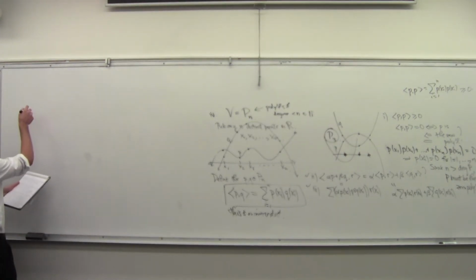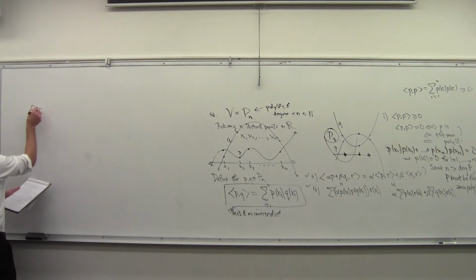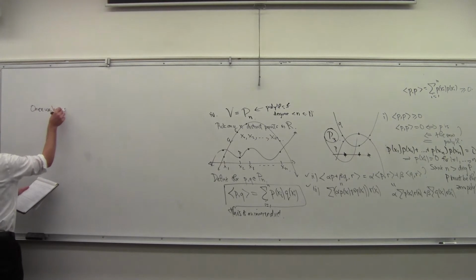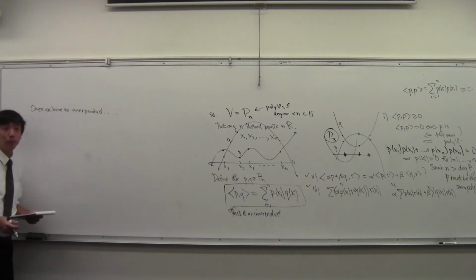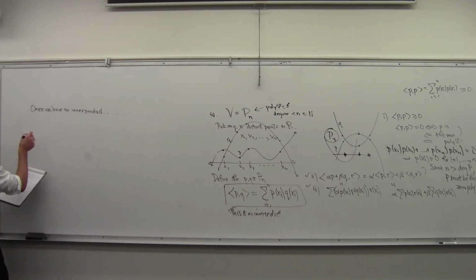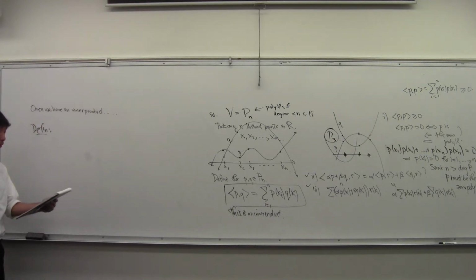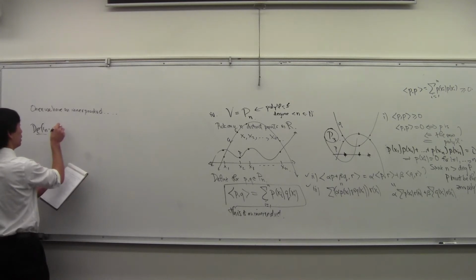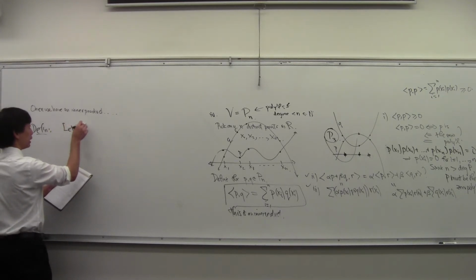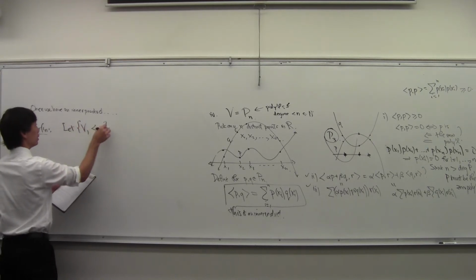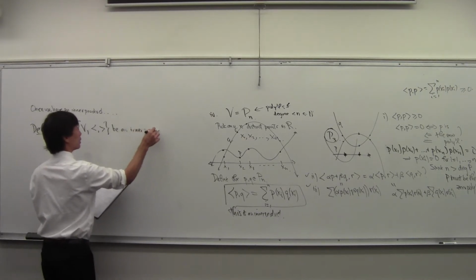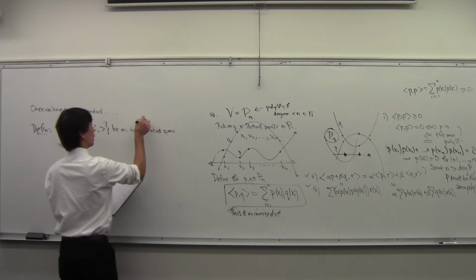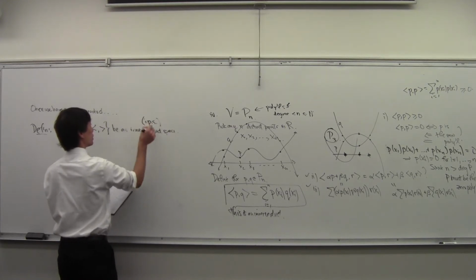Okay, so once we have an inner product, we also have all sorts of other things. For example, we can talk about what it means to be perpendicular. So let V be an inner product space, which I'm always going to abbreviate as IPS.